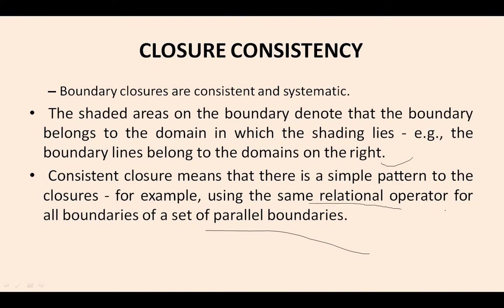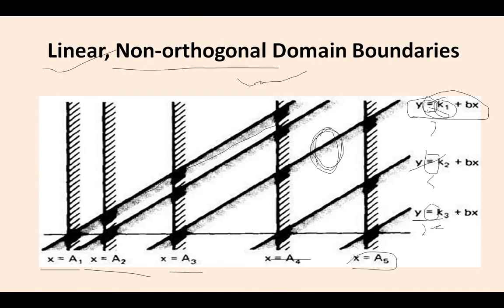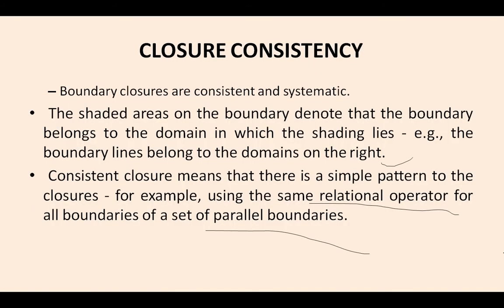Whenever those are parallel, obviously they may use the same relational operator, like y is equal to mx plus c, here the same equal to, and here also the same equal to. So like this we can represent the closure consistency. Closure consistency is one of the properties of nice domains, where they maintain parallel boundaries and have the same relational operator for all the boundaries, right?